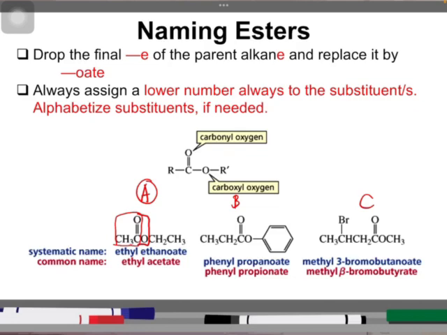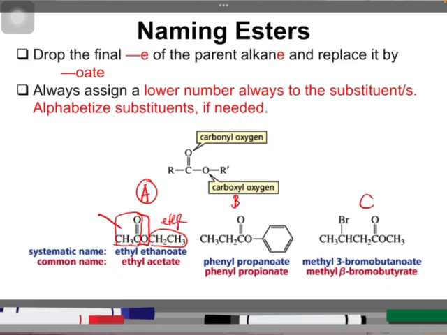Dahil dalawang carbon siya, from ethane, drop the E, add the oate, so it becomes ethanoate. Then, this part is your ethyl. So, that's why the name is ethyl ethanoate.